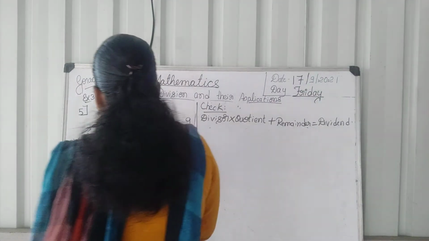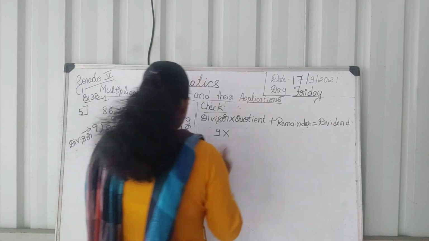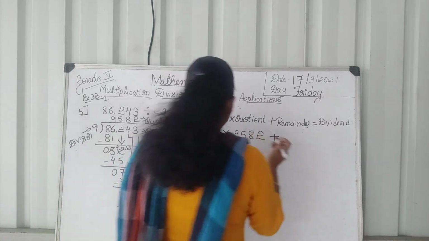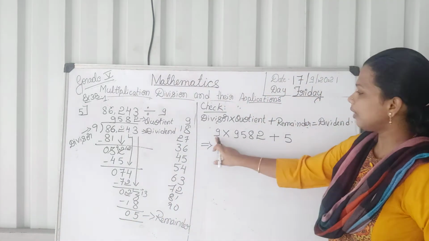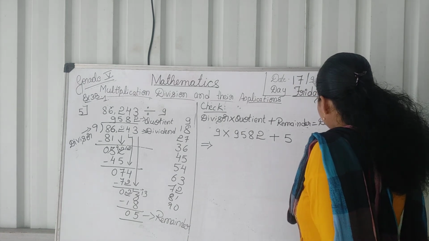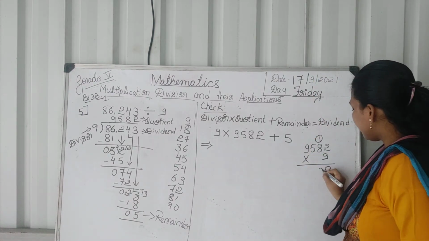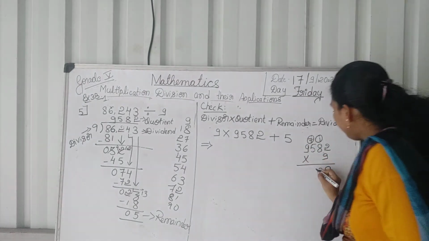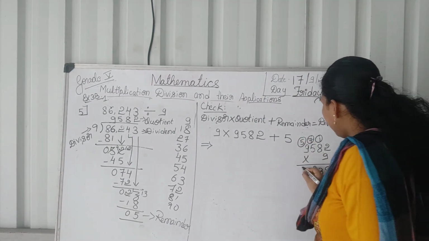Dividend. Here the divisor is how much? 9, multiplied with quotient 9582, plus the remainder is 5, which implies that we multiply this quotient with the divisor. 9582 multiplied with 9. 9 2s are 18, carry 1, 9 8s are 72 plus 1, 73, carry 7, 9 5s are 45, 45 plus 7, 52, carry 5, 9 9s are 81, 81 plus 5, 86.